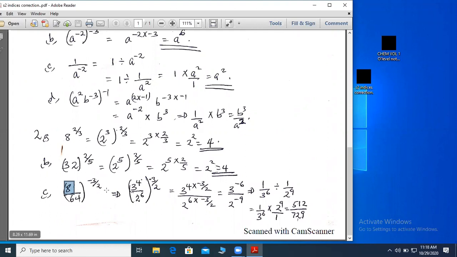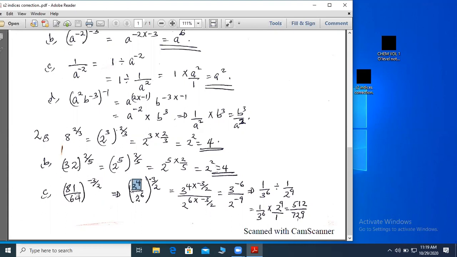I could have used 9, or I could have said 81 is 3 to the power 4. Or I could have put 9 squared such that the square cancels with the 2. But I chose to do it like that, which is still okay. It will still give you the same thing.